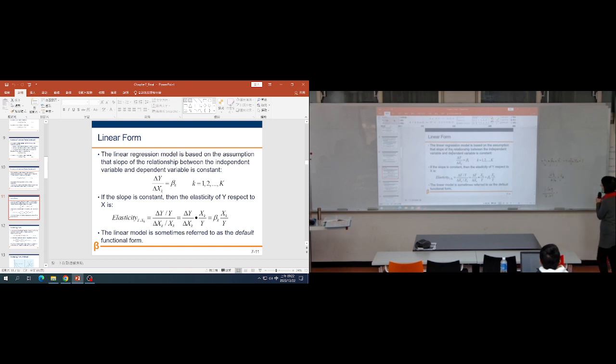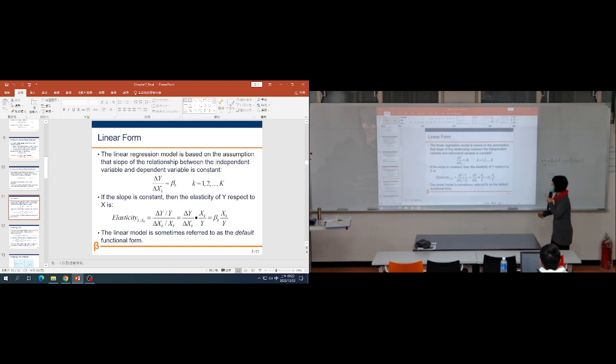The slope means a one-unit increase in x will have a beta k unit increase or decrease in y. But this one we call elasticity, and it is a percentage change.